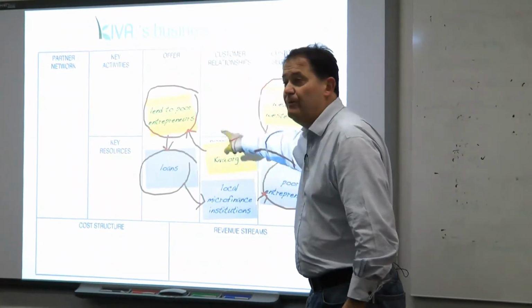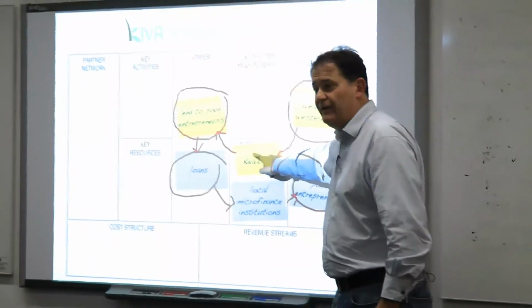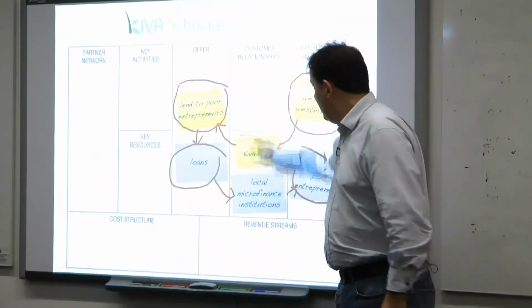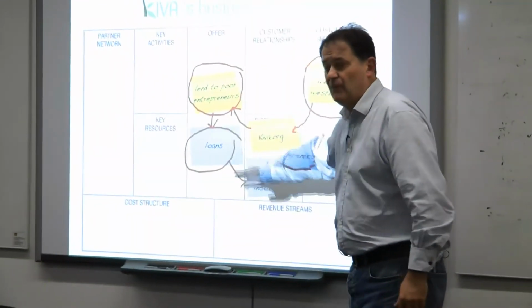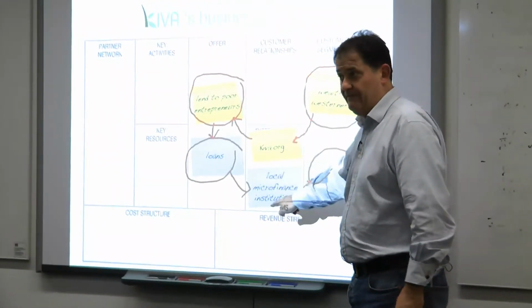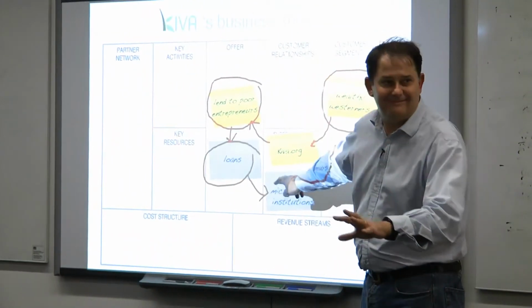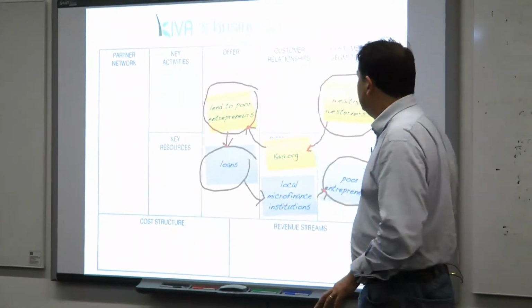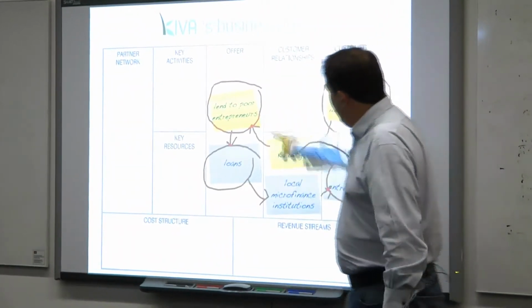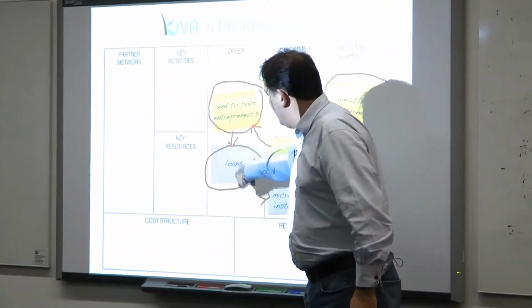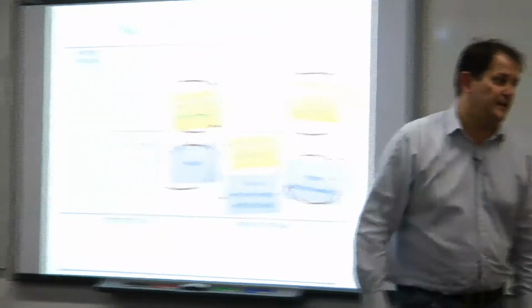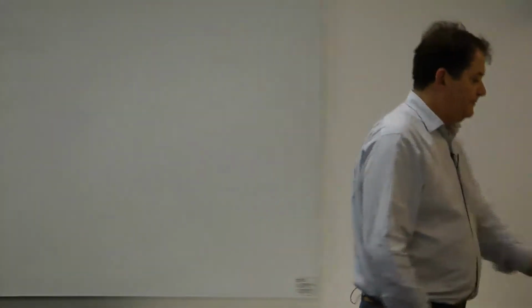So these are the distribution partners. One is online distribution. The other one's, remember that this box was distribution channels. Do you remember that? Make sense? Please tell me if I've lost you. Stop me if I've lost you. Okay? And so here the offer is loans, in specific terms, microloans.